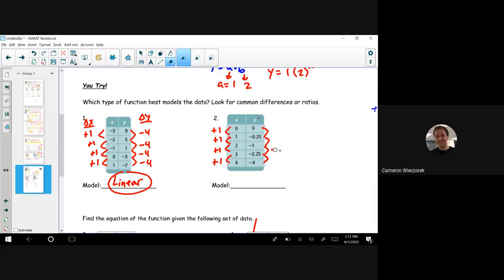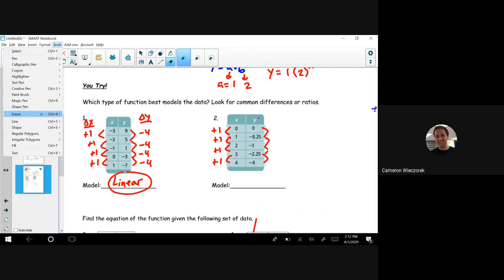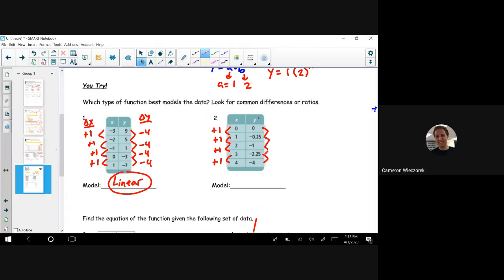So let's see if linear would work for this. To go from 0 to -0.25 is subtracting by 0.25. If you want to see how to get from -0.25 to -1, you can just take -1 and subtract -0.25.